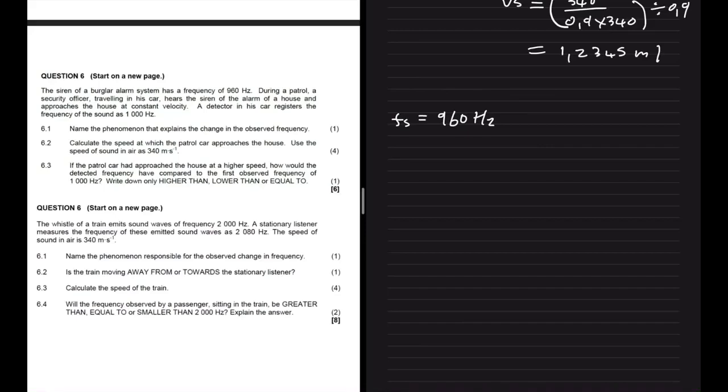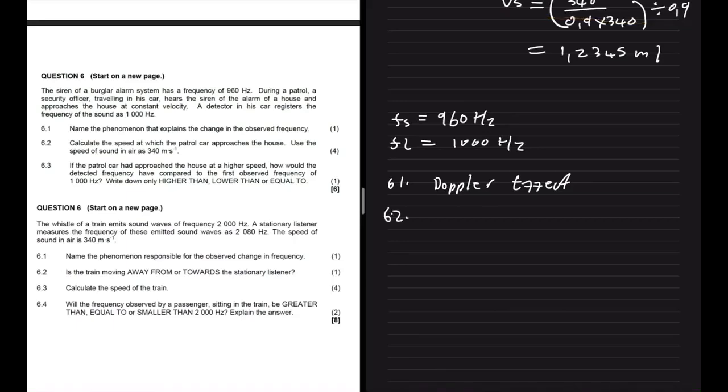A detector in his car registers the frequency of the sound as 1000 Hz. So frequency observed is 1000 Hz. Name the phenomenon. We know that's the Doppler effect, because the frequency is changing due to relative movement between the sound source and the observer.